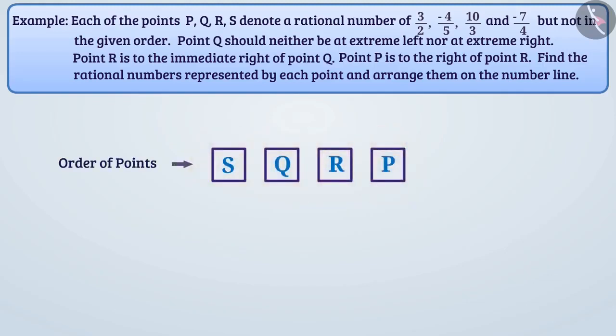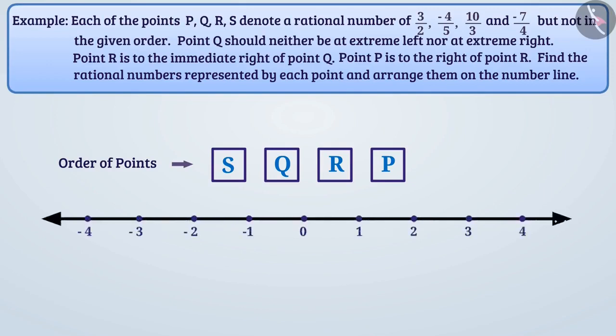Similarly, we will now arrange the given rational numbers in increasing order. For this, we will use the number line, that is, we will represent the given rational numbers on the number line. 3 by 2 is a positive rational number. We can write this as 1 and 1 by 2. Hence, its position is between 1 and 2.